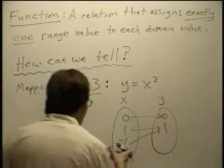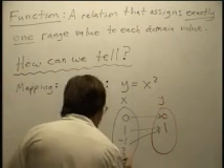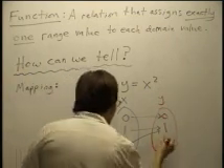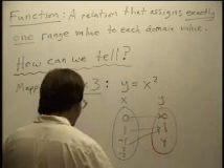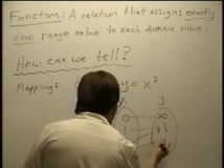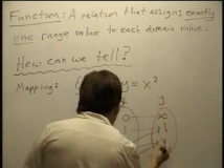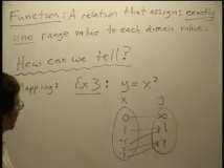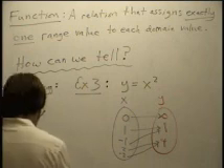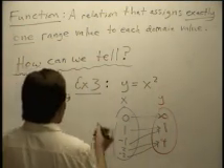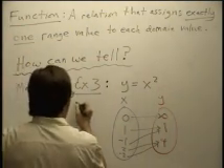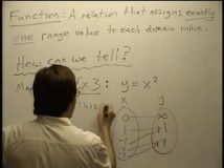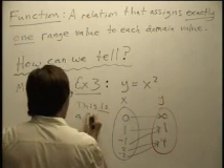And we see this again. 2 and -2 are going to both become 4 when we square them. So again, both of these are mapped to the same number in the range. However, that is perfectly okay. This is a function.